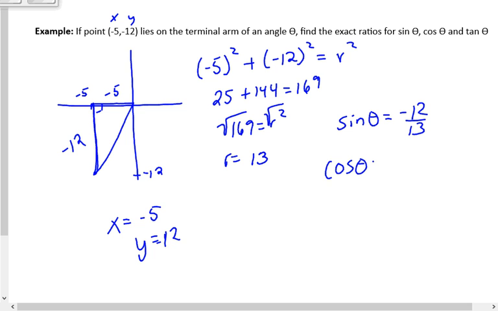Cos theta, we remember CAH, so it's x over r, so we have -5 over 13. And tan theta would be given as TOA, which is y over x. So -12 over -5, which would equal 12 over 5. Okay, and that's how we solve that type of question.